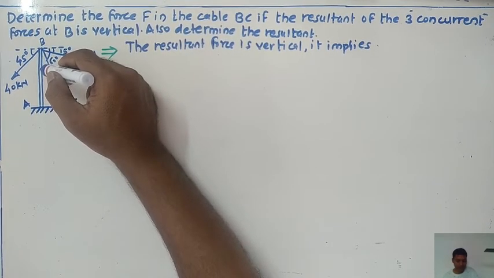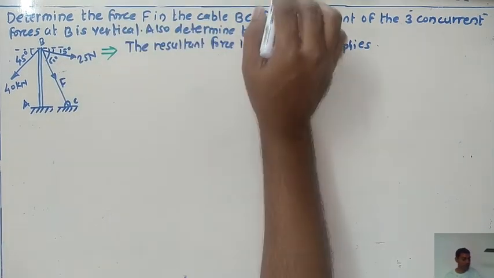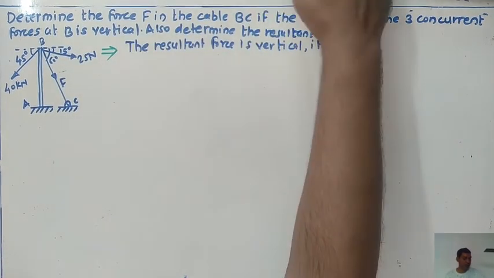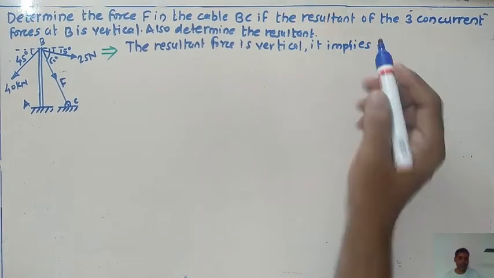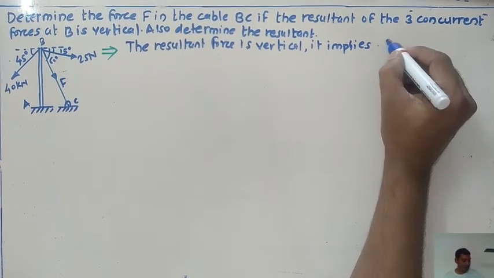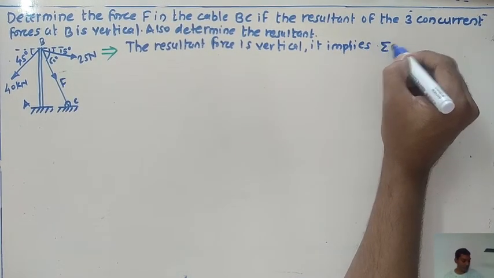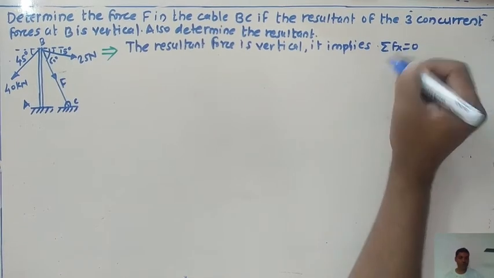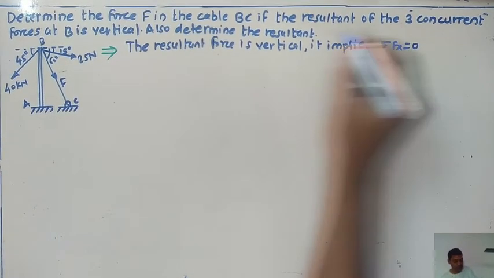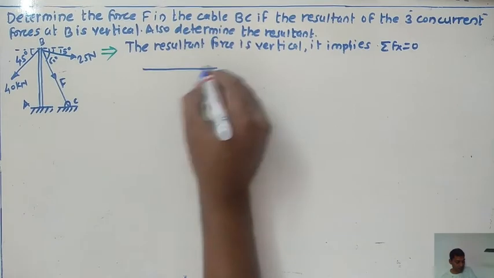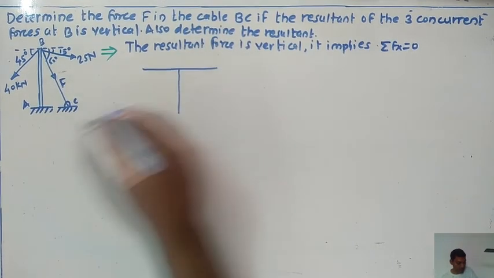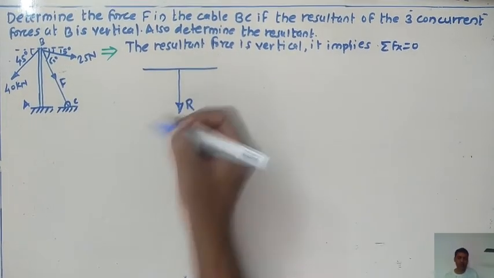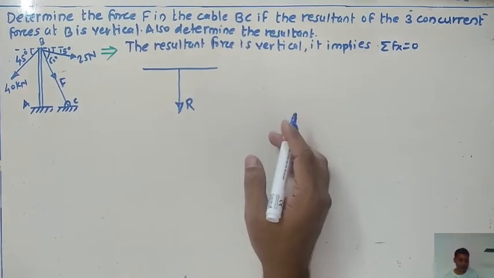The resultant force is already given in the problem as vertical. So it indicates that the summation of all the forces along the x direction must be equal to 0. Just see the example: the resultant force is vertically in the downward direction.